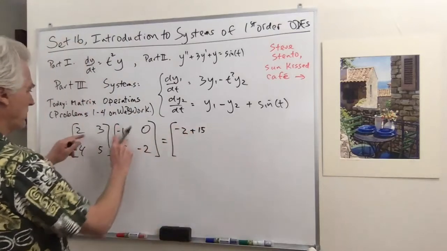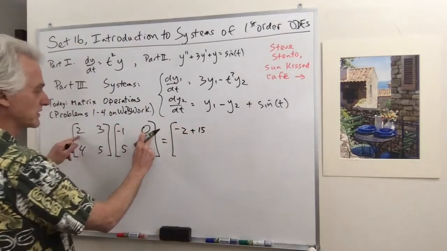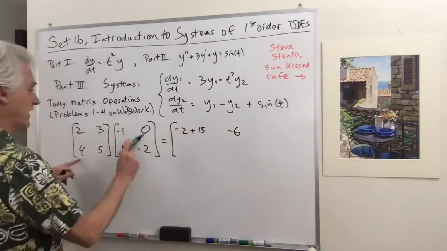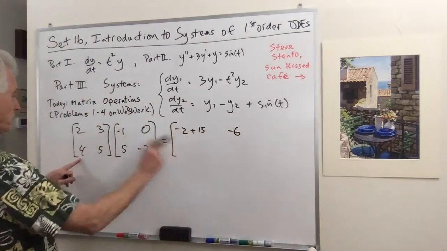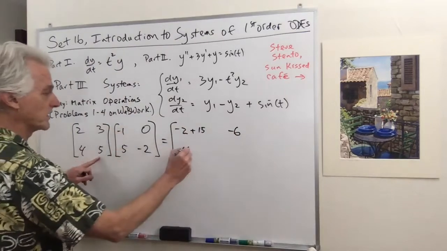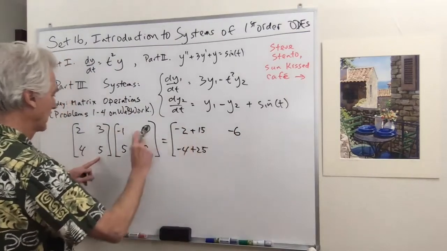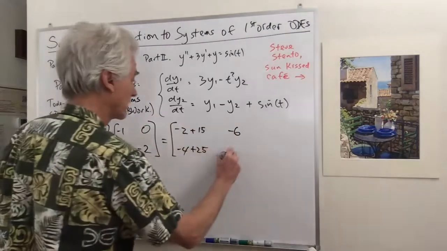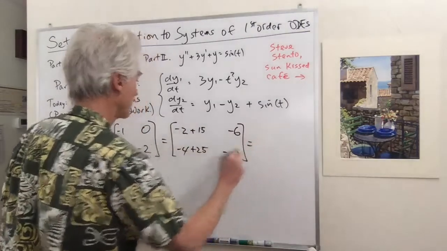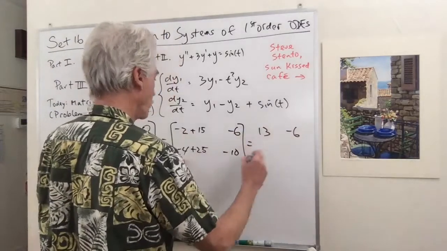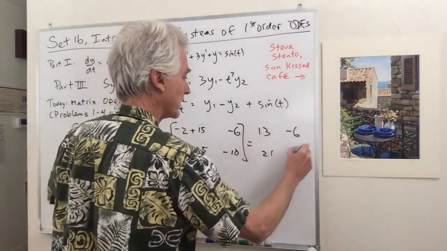Okay, that's that times that. Plus, over here, I get 2 times 0, which I can leave out, -6. And then this bottom left, I get 4 times -1, -4, plus 25. Then I get 0, which I left out, -10. So the result is 13, -6, 21, -10.